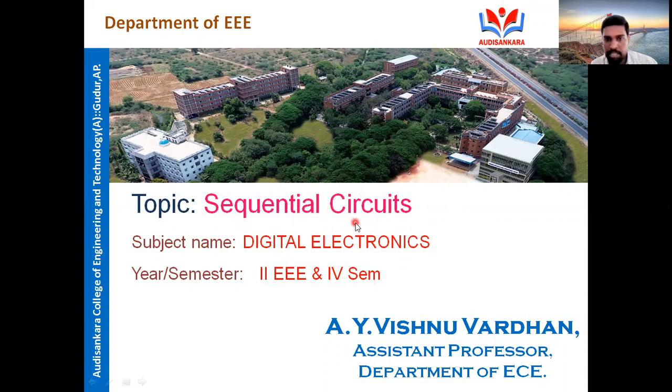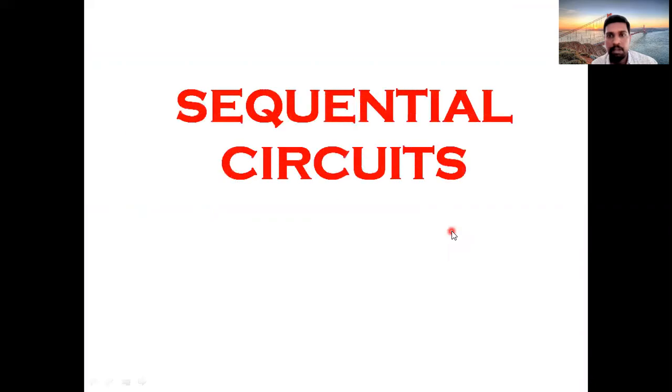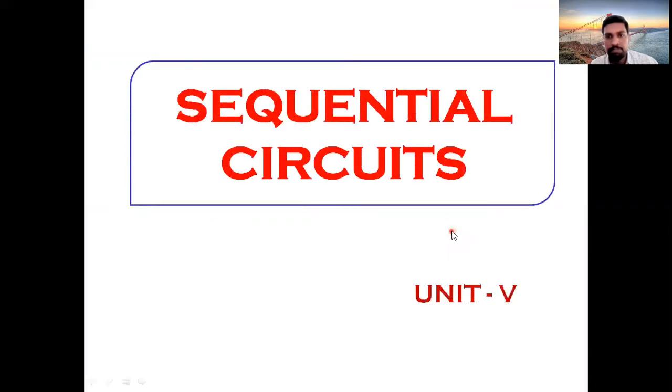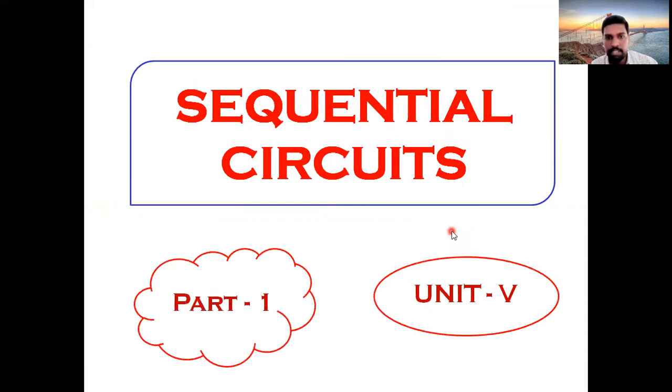We will see all these. Today we will discuss the introduction part of the sequential circuits. So let us start. This is unit number 5 for you, and we will discuss the first part.